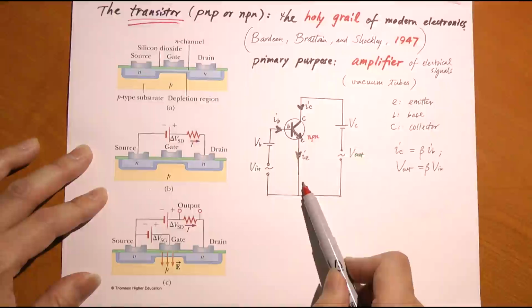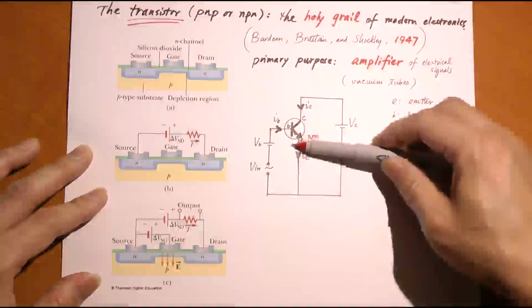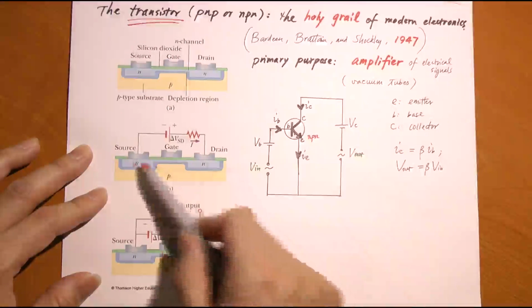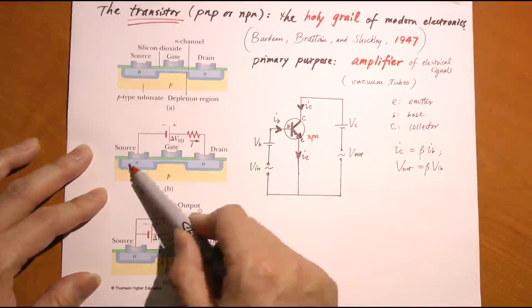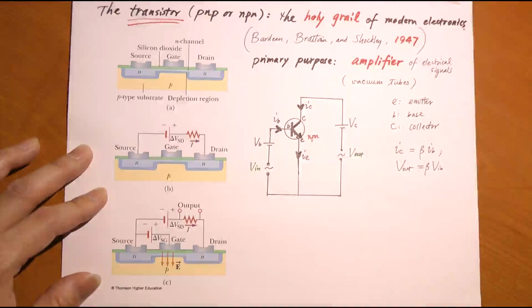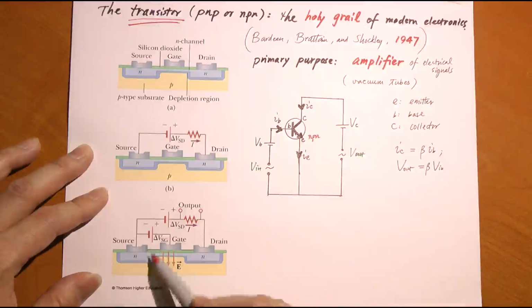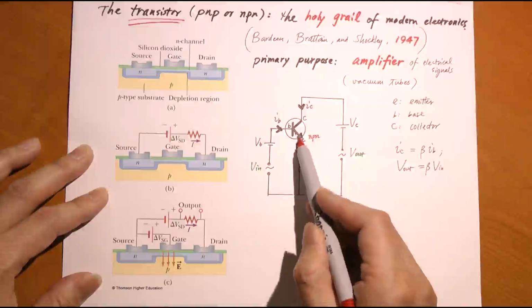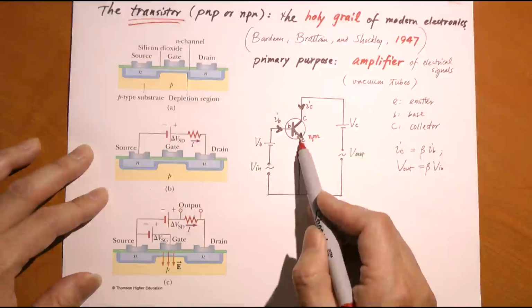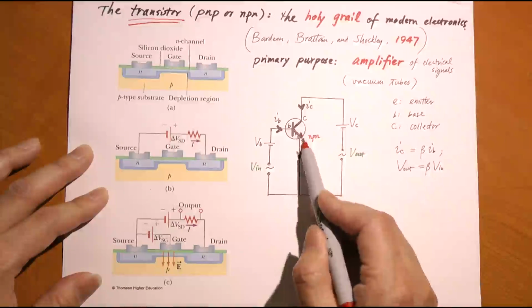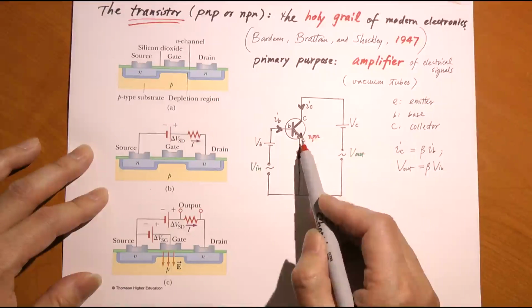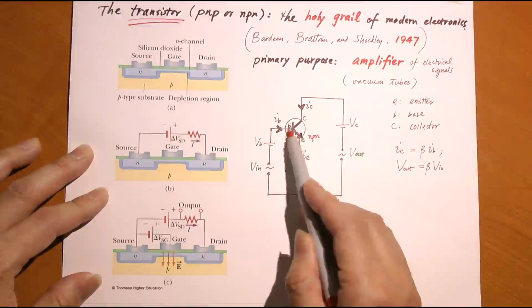Electrons emitted this way, so the current flows backwards, right? The current flows this way. Electrons flow this way. And part of the electrons, if you add a little current loop here, part of the electrons will get drawn this way, and it's forward biased. You see here, the electrons between B and E, it's forward biased. So part of the electrons will go this way.